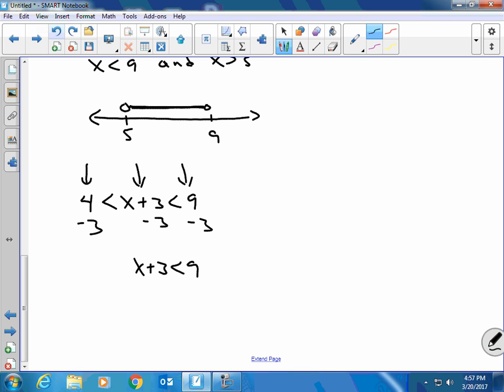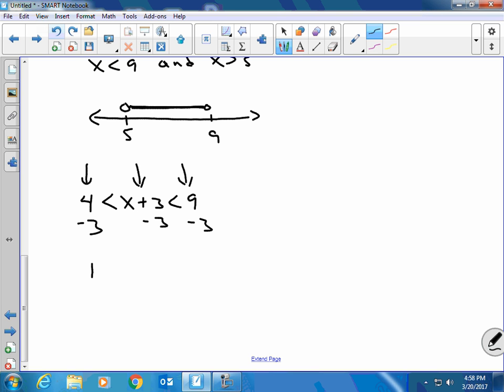We're solving this, and we're solving this. In both cases, my first step is to subtract 3 from both sides. So all we're going to do is just leave it as one inequality statement and just do that step of subtracting 3 from all three sides.